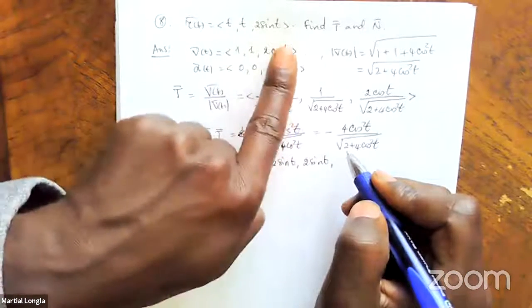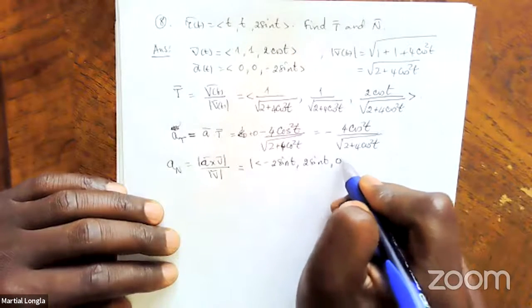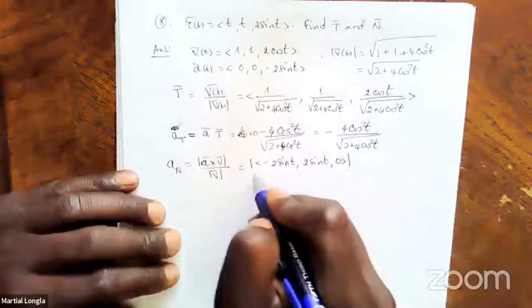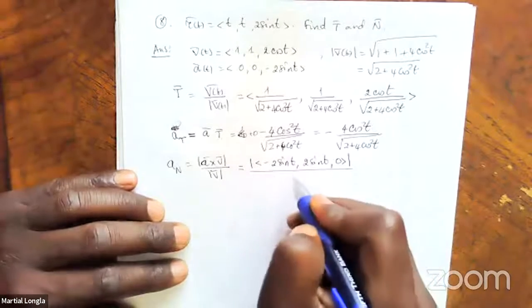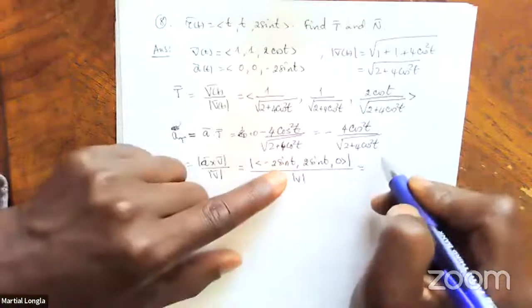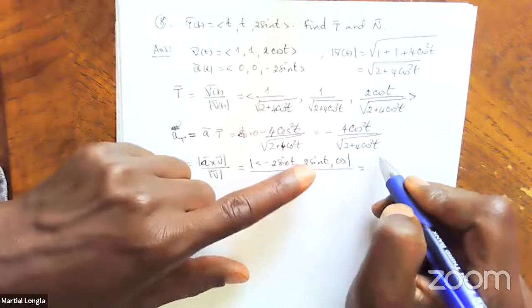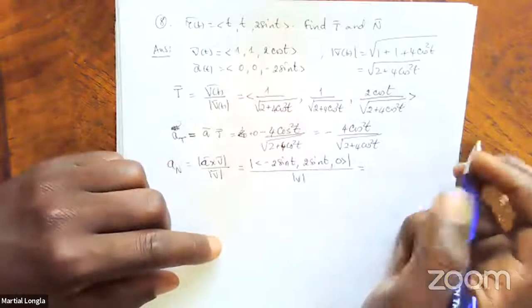And then here you're gonna have 0. And then you're taking the magnitude of that over the magnitude of V. And the magnitude of this thing is root 4 sine squared plus 4 sine squared.